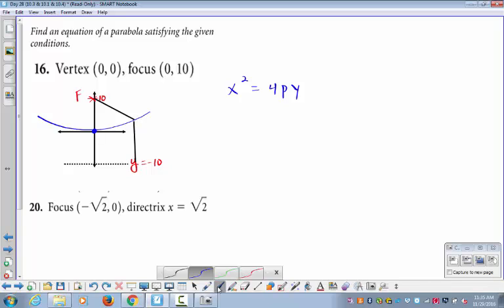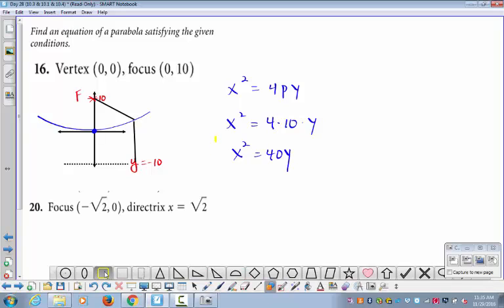So p is 10. So x squared equals 4 times 10 times y. So x squared equals 40y. That would be our standard conic form for that parabola. Yeah, so it should be very flat. Y equals 1/40th x squared.